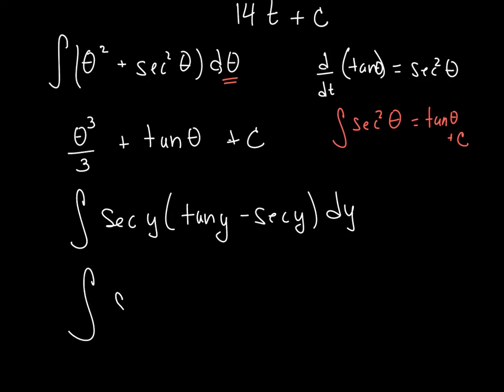I multiply that out and I get the secant of y times the tangent of y minus the secant squared of y dy. We already talked about what the derivative of the tangent was. The derivative of the tangent is the secant squared. Therefore, the integral of the secant squared is the tangent. So we have to go back with what we know.